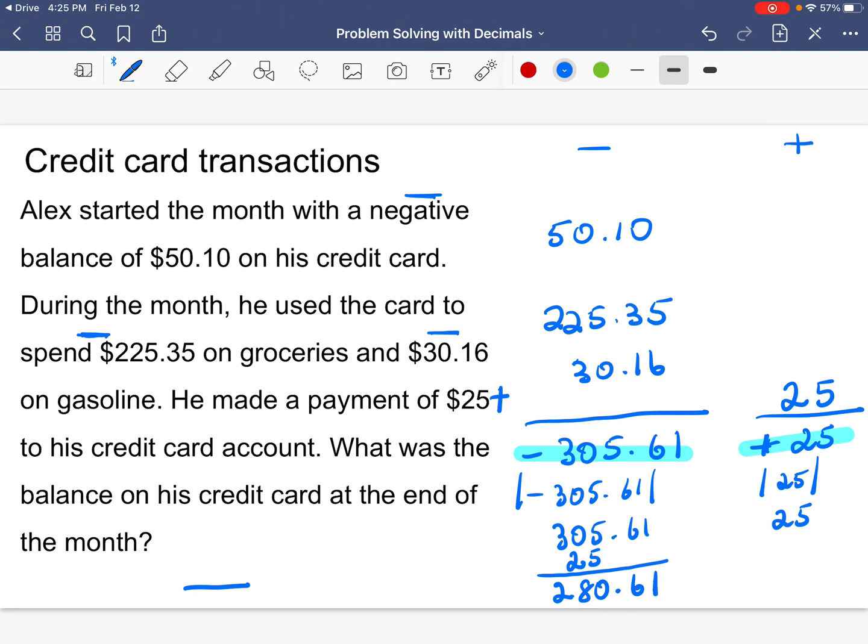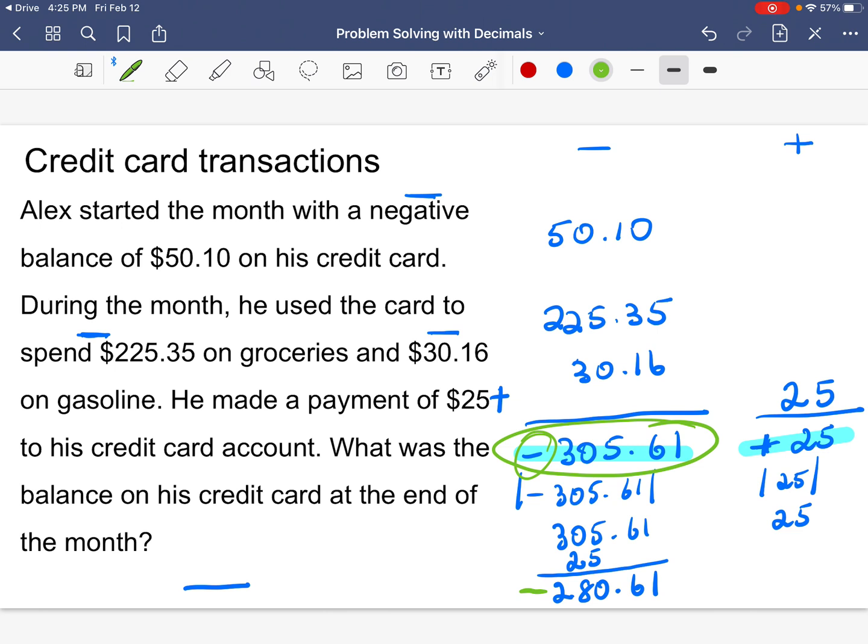And which number had the larger absolute value? So this number did. This had an absolute value of 305. And this number is negative, we can see here. So our answer is going to be negative. And we had already determined that by comparing the positives and negatives.